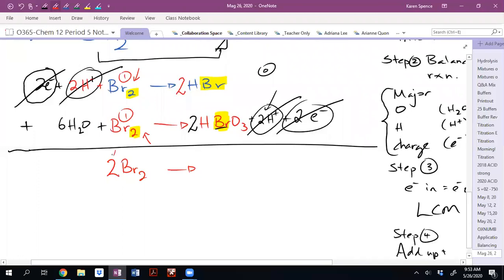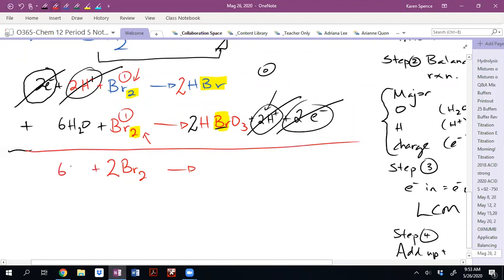In addition to the Br2 on the left-hand side, we have 6 water. And over on the right-hand side, we have 2 HBr plus 2 HBrO3. So if you have only 1 reactant, don't panic.